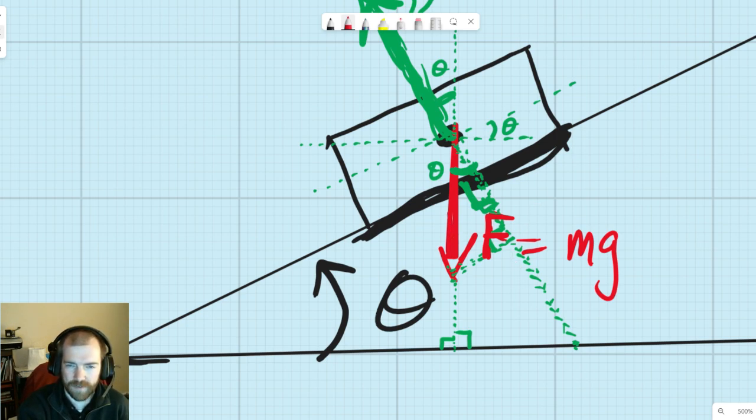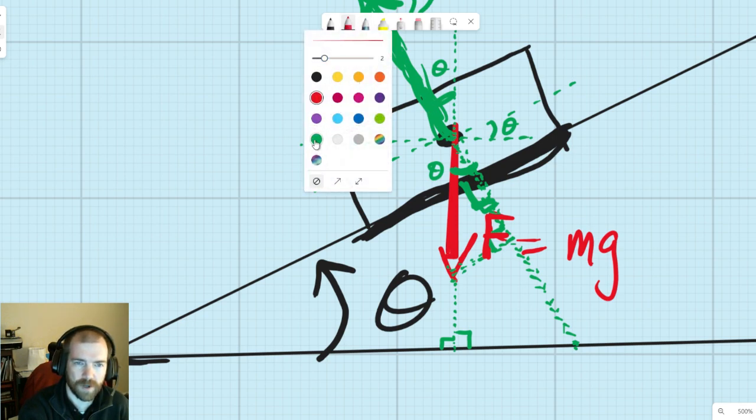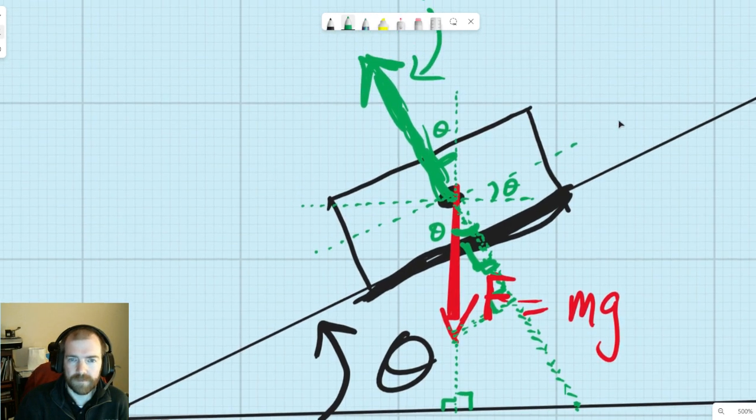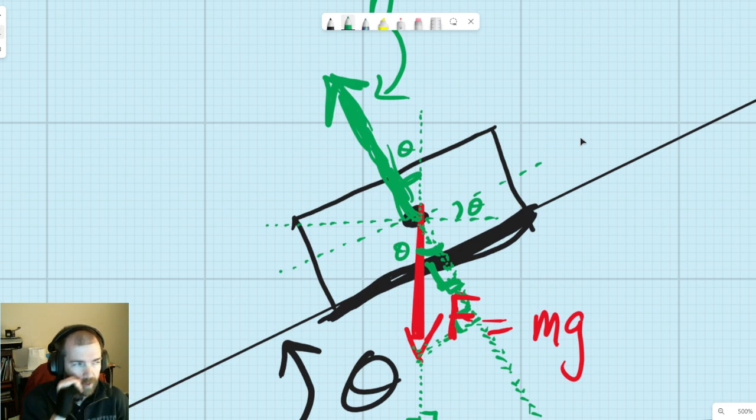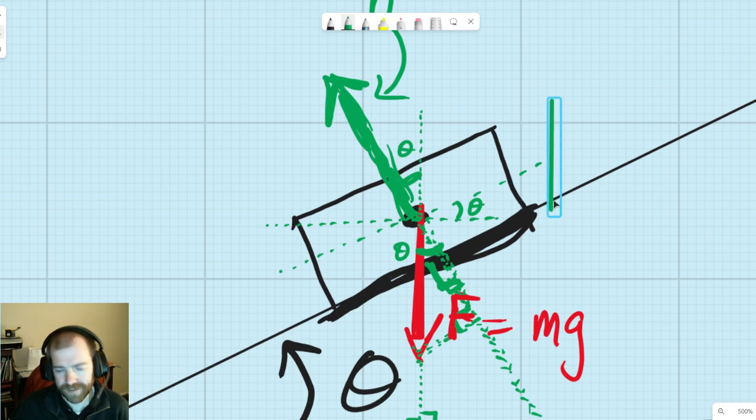So our force F equals mg goes down like that. That's going to be the force. The normal force is going to be equal and opposite to the force of gravity, but at an angle rather than 100% in the opposite direction. So without it moving or anything like that.